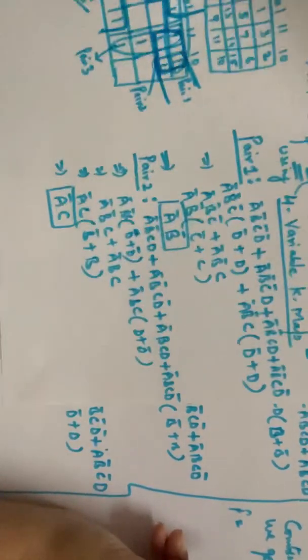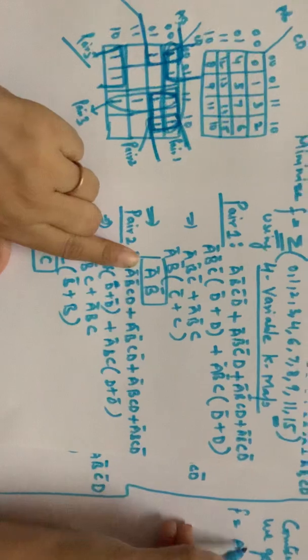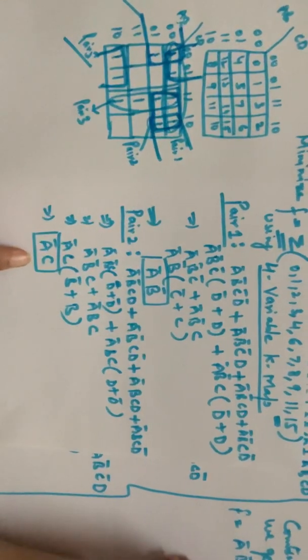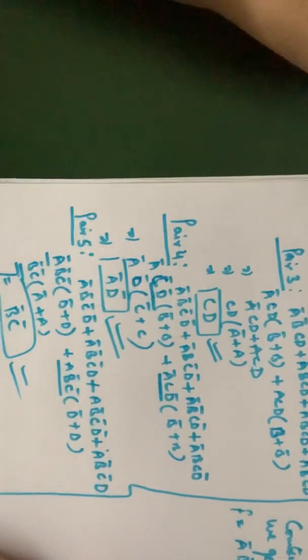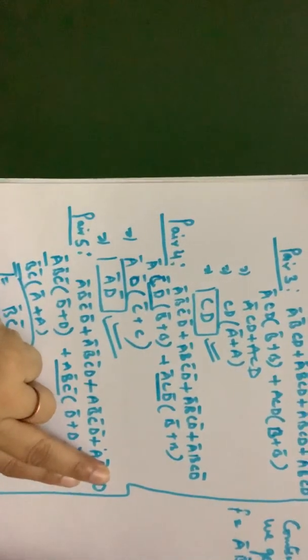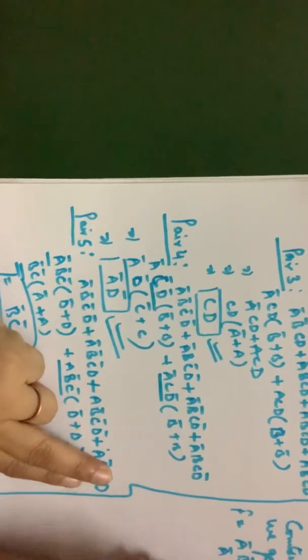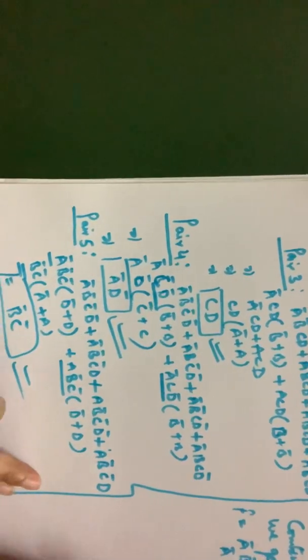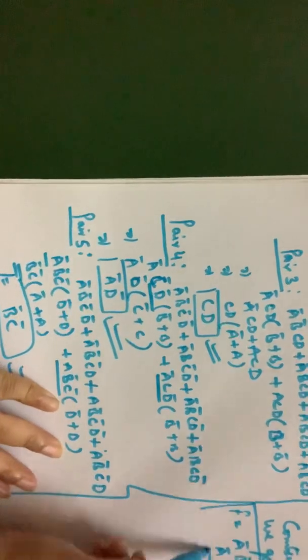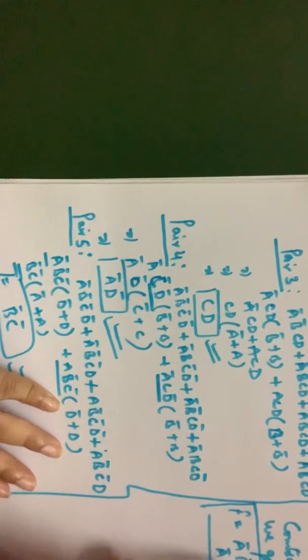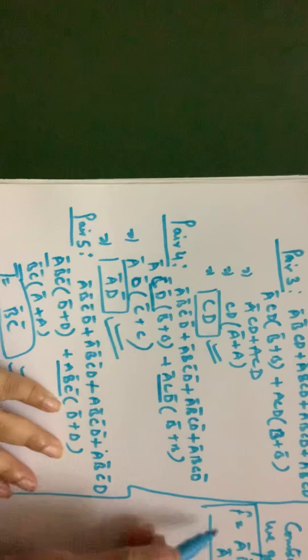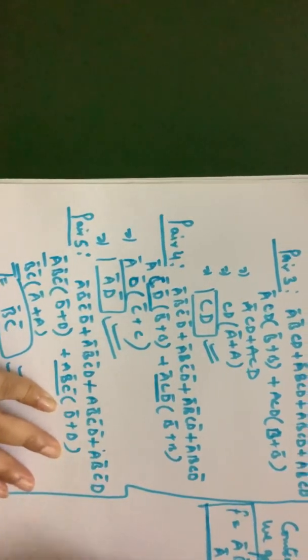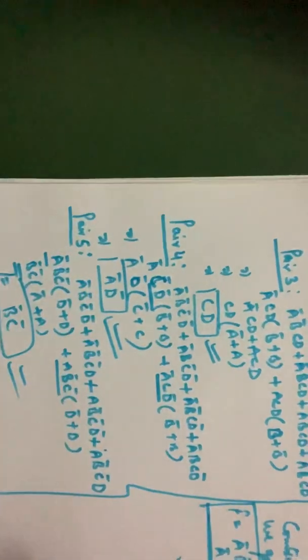So we get A bar, B bar plus A bar, C plus CD plus A bar, D bar plus B bar, C bar. So this is my final answer. I repeat: A bar B bar plus A bar C plus CD plus A bar D bar plus B bar C bar. So this is my minimized answer using a 4 variable K-map.